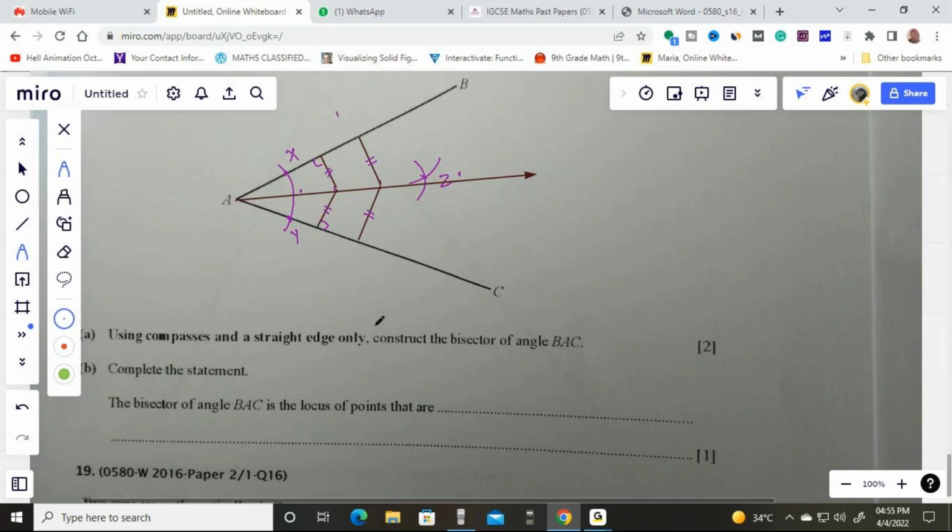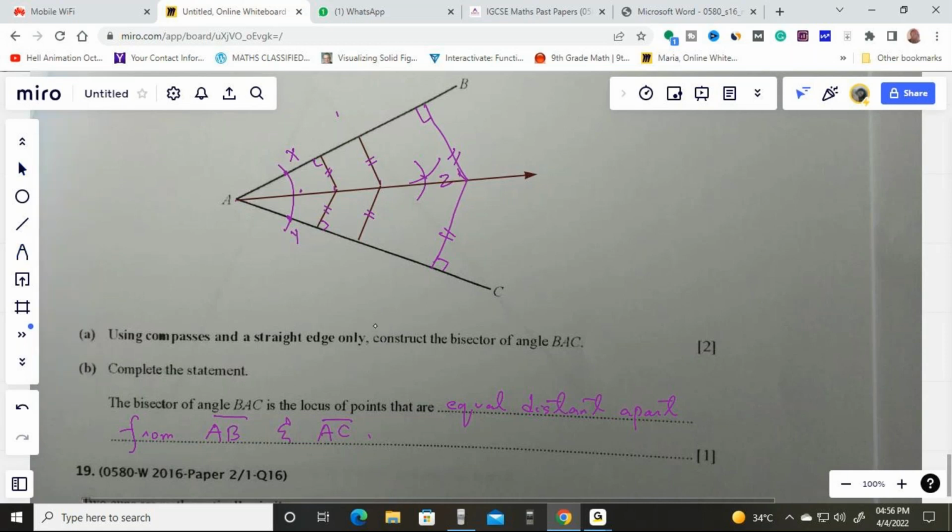So it is the locus of the points that are equidistant from the line segment AB and the line segment AC. Pick up this point, the perpendicular distances of this point and this point will always be equal. Clear? That's it. You go on.